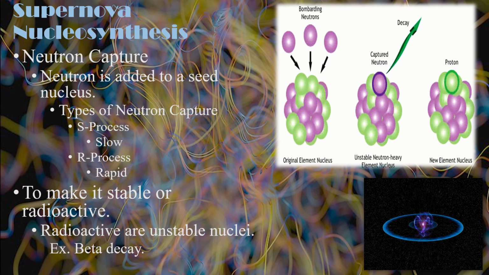As you can see in this illustration, neutrons bombard the original element nucleus, and the unstable heavy element nucleus releases beta decay in order to produce a new element.